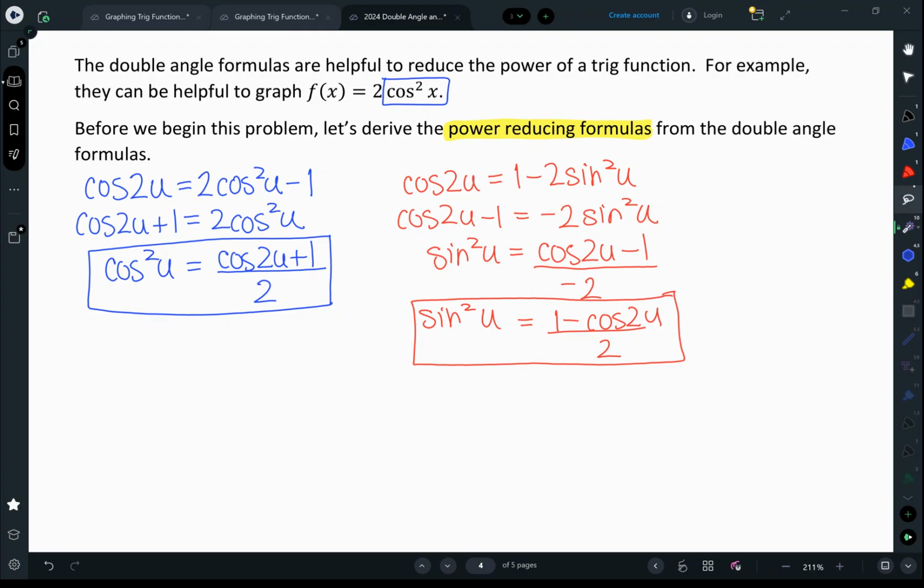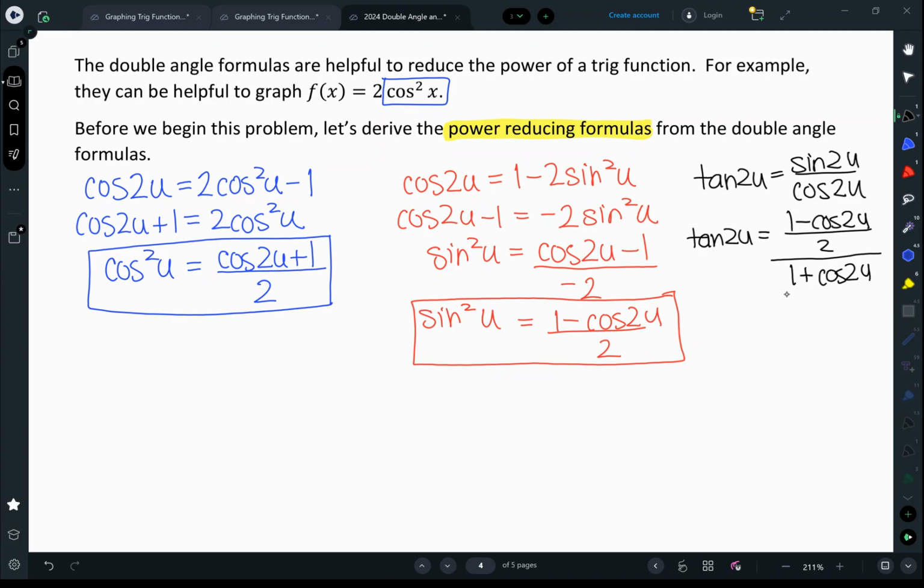All right, then for the tangent of 2u, you can simply do the sine divided by cosine. So tangent of 2u can be the sine of 2u divided by the cosine of 2u. And you have both of those formulas already. And so I have 1 minus the cosine of 2u divided by 2, all divided by, and I'm going to write this one as 1 plus the cosine of 2u divided by 2, right?